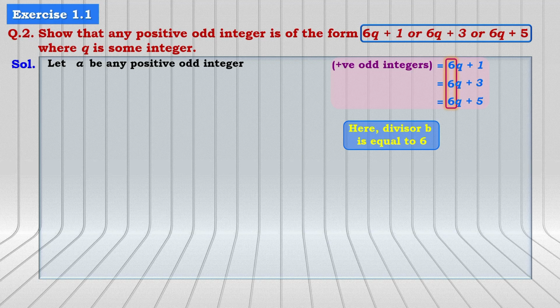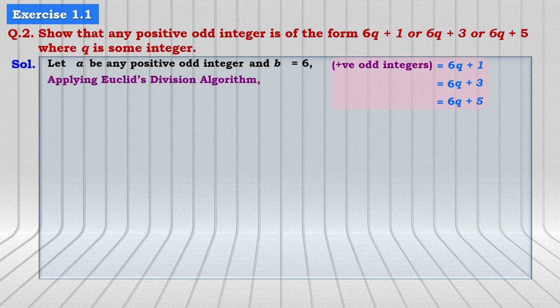So here b is the divisor. In this case, we can consider b as 6. So now apply Euclid's division algorithm. We will get a equal to bq plus r. So a is equal to 6q plus r. We know that the r value can vary from 0 to less than b.